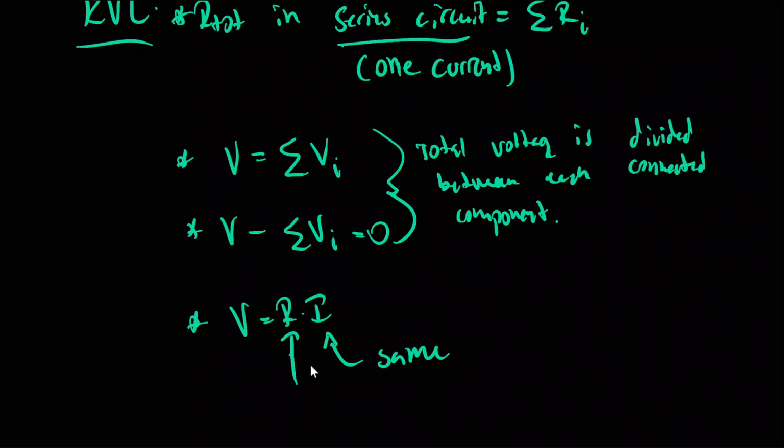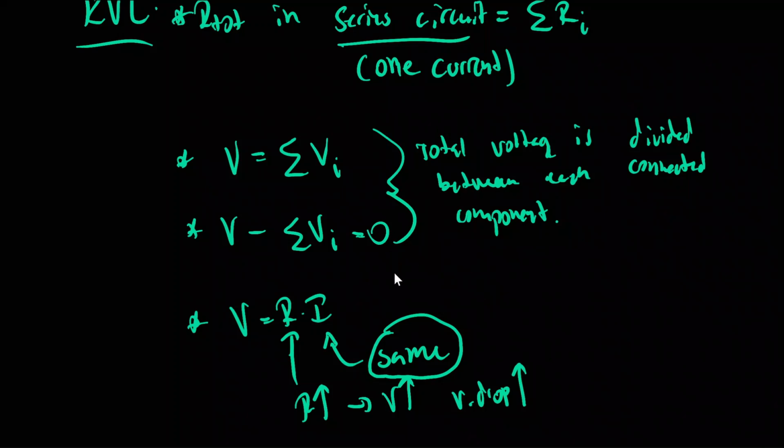So if the resistor is very high, we also get a high voltage, right? So the voltage drop, V drop, will be higher, considering the current is the same, which it is through the whole series circuit. So that's good.